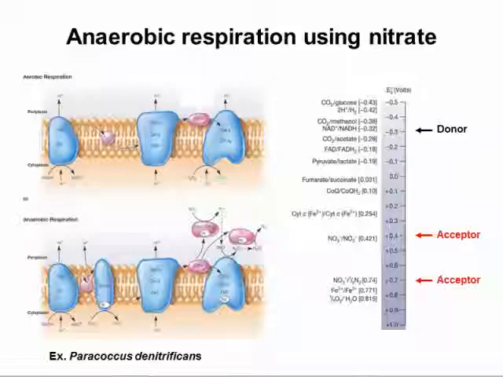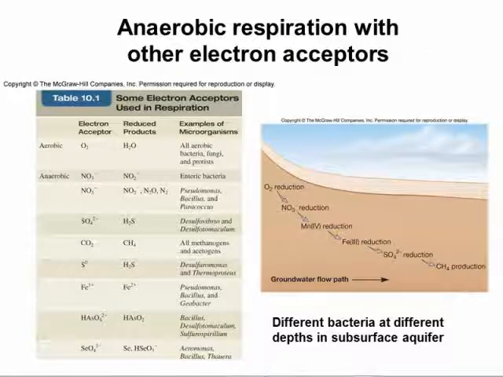And this is also true for other inorganic electron acceptors. So some bacteria can use nitrate as the electron acceptor. Others can use sulfate. Some can use, what did we find out? Did anybody find this out since last time? This is ferric iron or ferrous iron, iron 3.